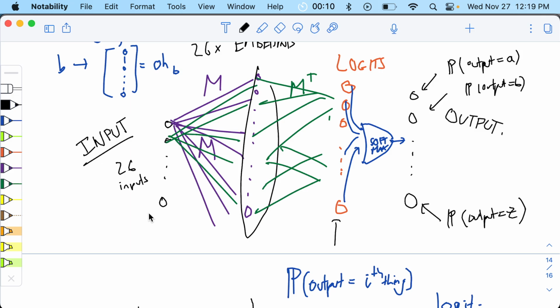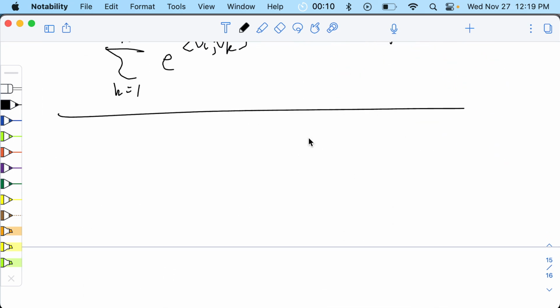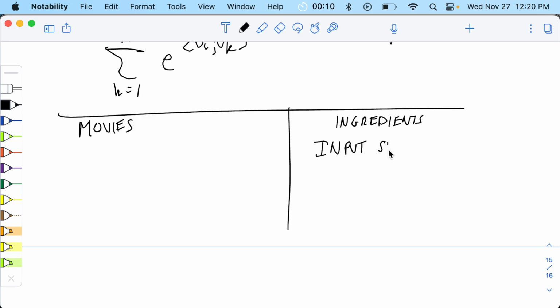Yeah, I guess while we're thinking of inputs and outputs, let's do the 2 examples of the movies and the ingredients. So for ingredients, the input size would have to be the number of possible ingredients, right?